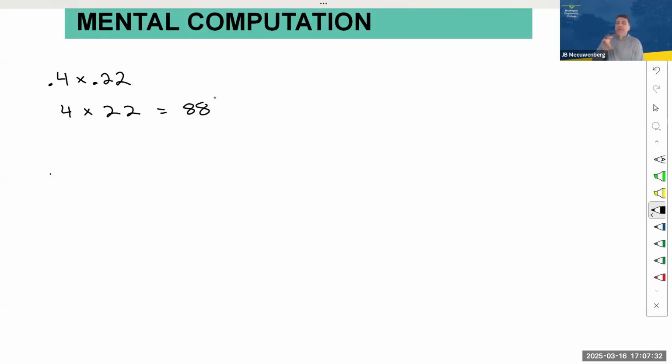Then once you've done that, then you figure out where the decimal point needs to go, and you can reason through that. But we also know that when we multiply we count the number of decimal places, and we have to have that many in our answer. The only way for that to happen here is if we put a 0 in front of that 88, and then we have our 1, 2, 3 decimal places.